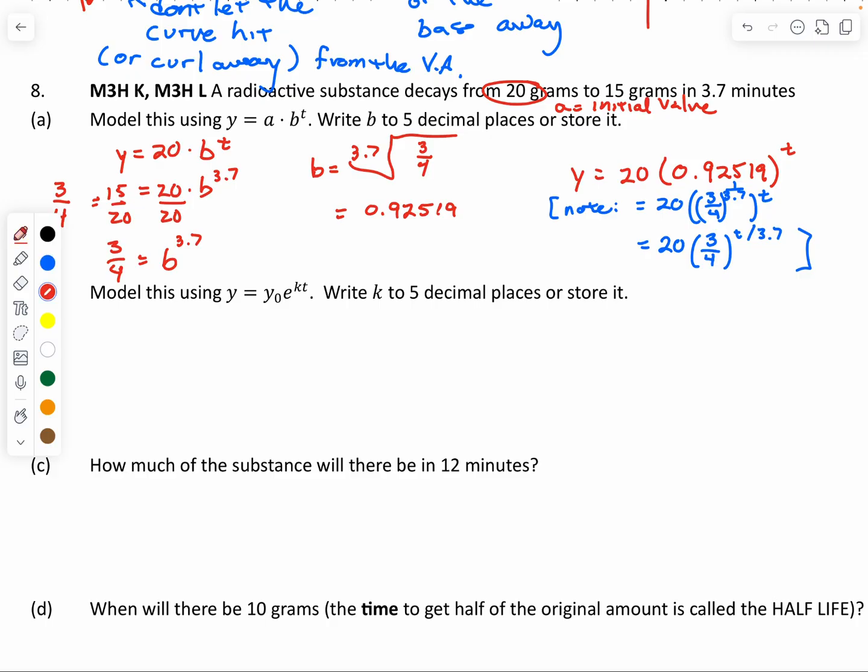Okay, for this one, I'm going to have, let's see. I'm sorry, not 15, 20. Initial value. ln the left side.